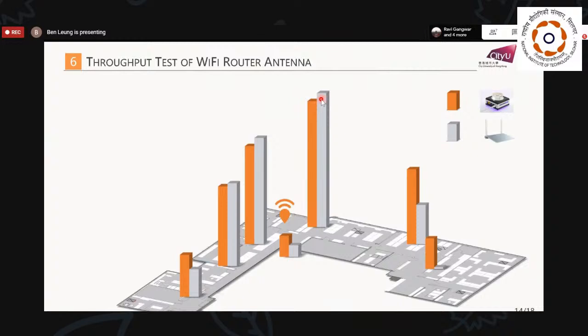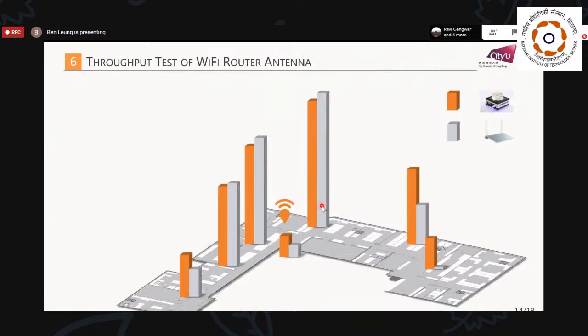But it doesn't matter because the signal is very strong. So a slightly stronger signal makes no big difference. What makes a big difference is that when the signal is poor, whether your router works or does not work.